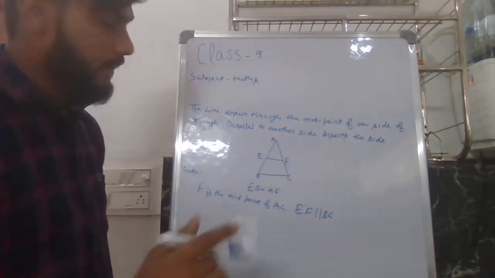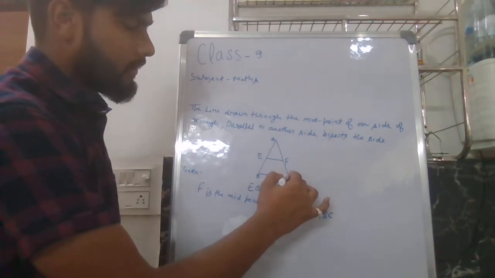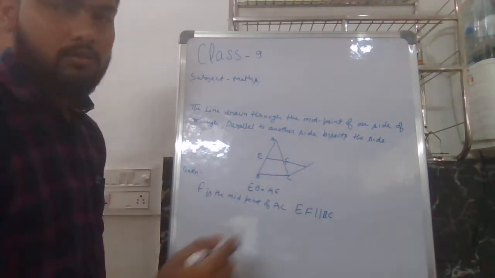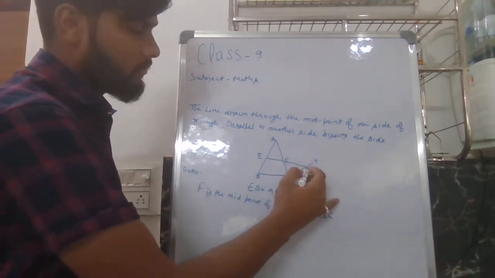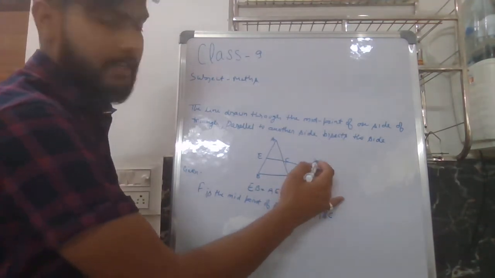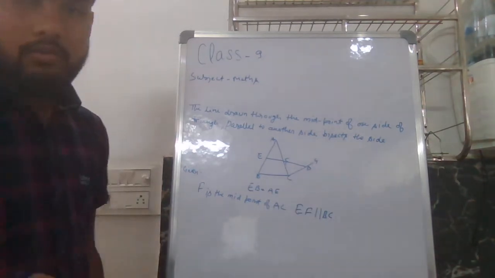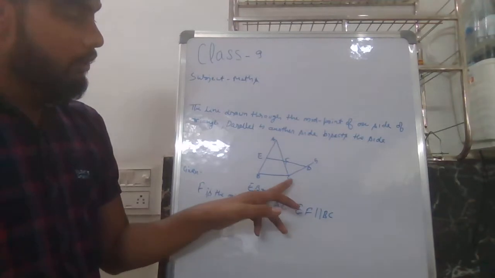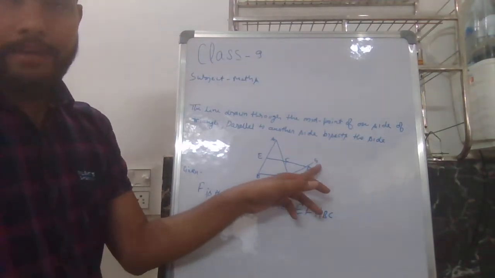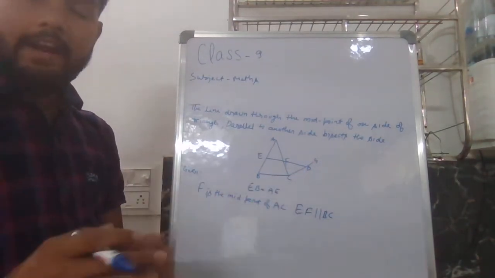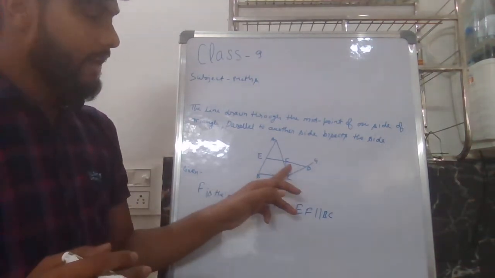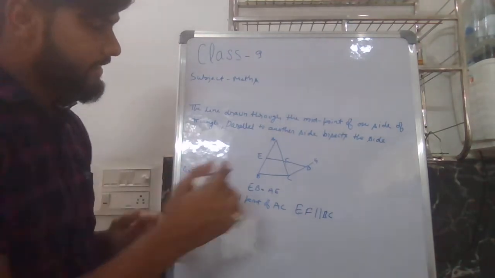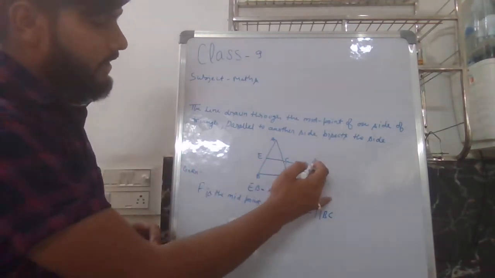Here we will draw a line like this, and we will name it D and C, and this will be G. For the proof we are told to draw a line. We have drawn CG parallel to AB and extend EF up to D, intersecting CG.